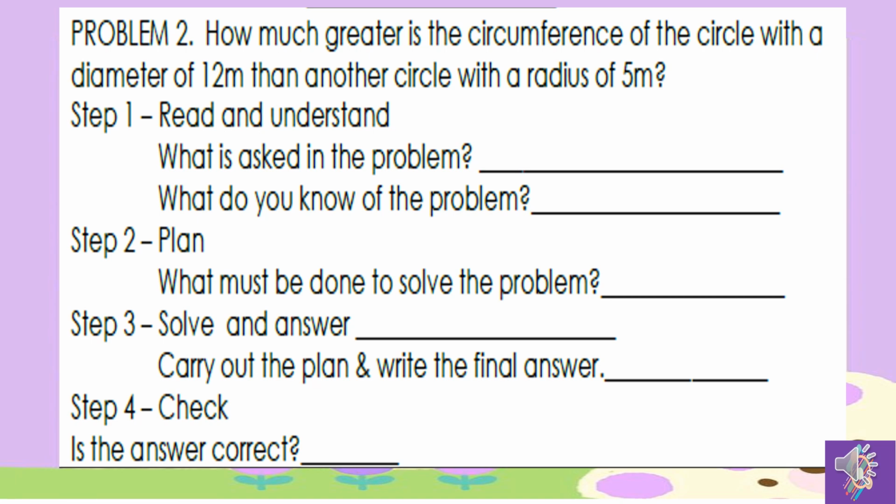For step 1, read and understand what is asked in the problem. What do you know of the problem? For step 2, plan what must be done to solve the problem. Step 3, solve and answer, then carry out the plan and write the final answer. And for the last step, step 4, check if the answer is correct.